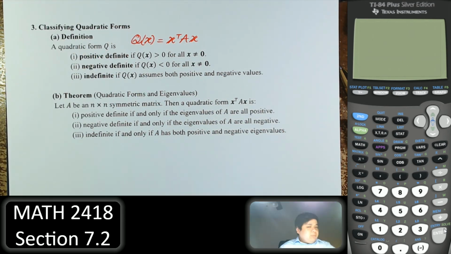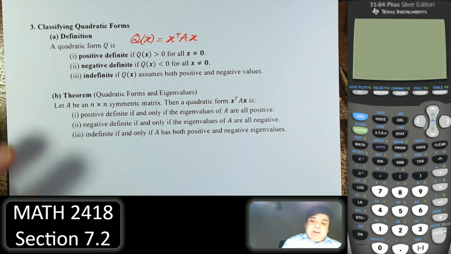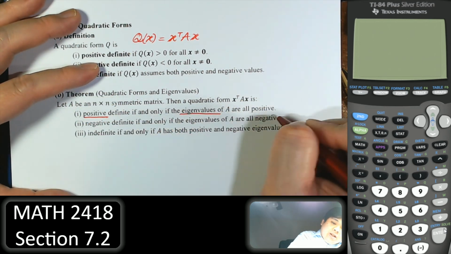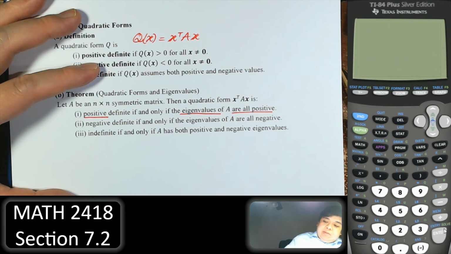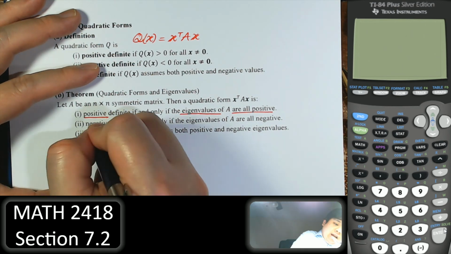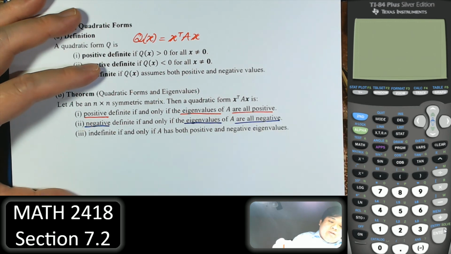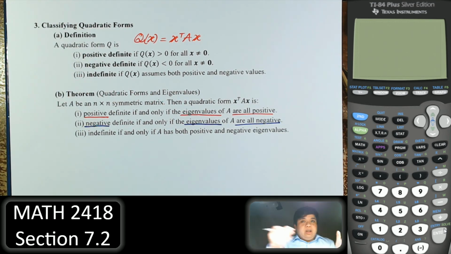Right. There are a lot of different ways to determine if a matrix is positive definite or negative definite. Since we have eigenvalues, we just say positive definite if the eigenvalues are all positive, negative definite if the eigenvalues are all negative, and indefinite if we have some positive and some negative.